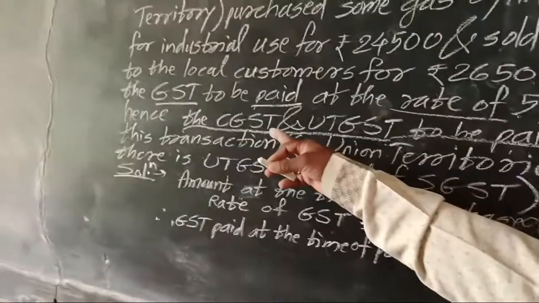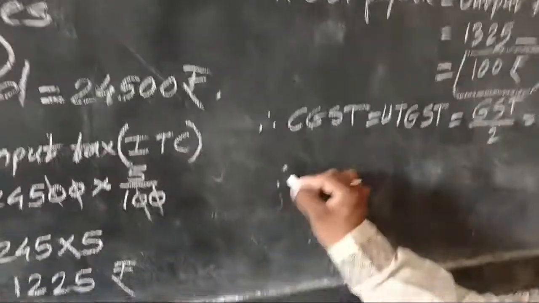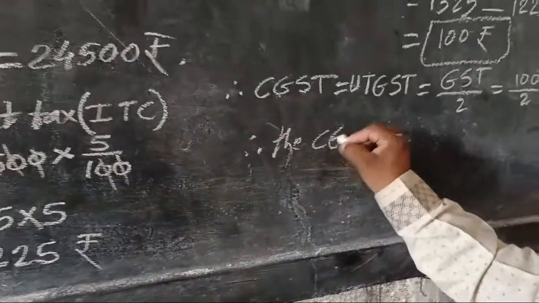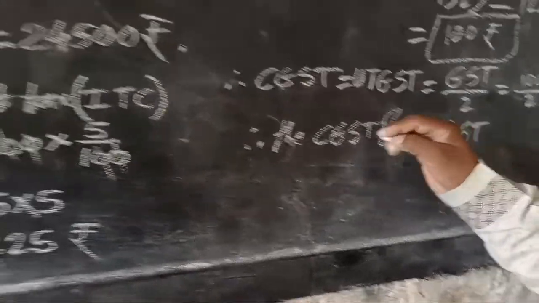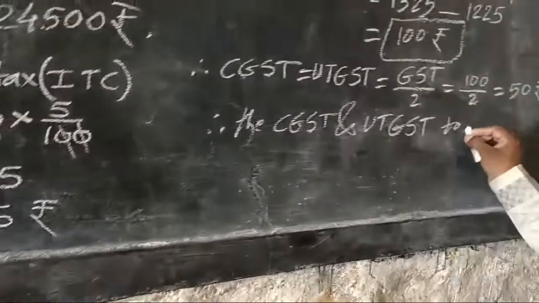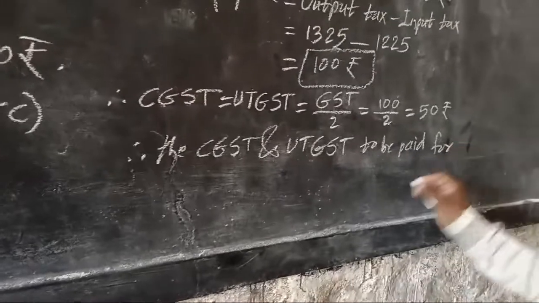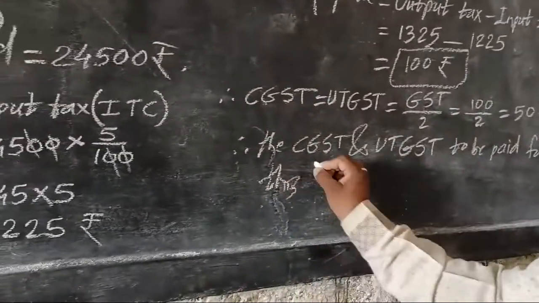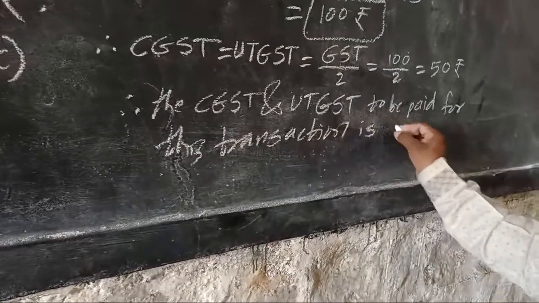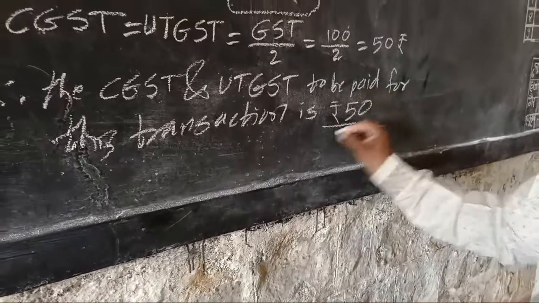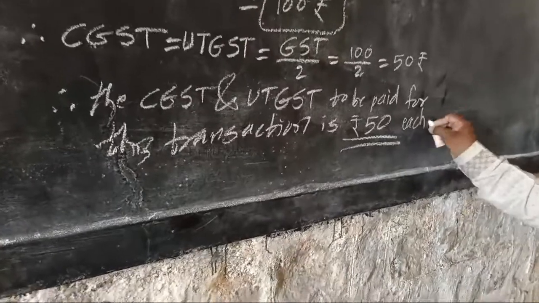Therefore, the CGST and UTGST to be paid for this transaction is rupees 50 each.